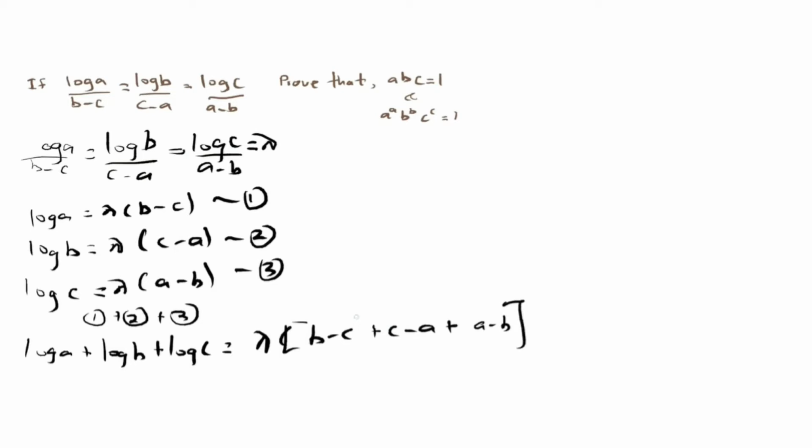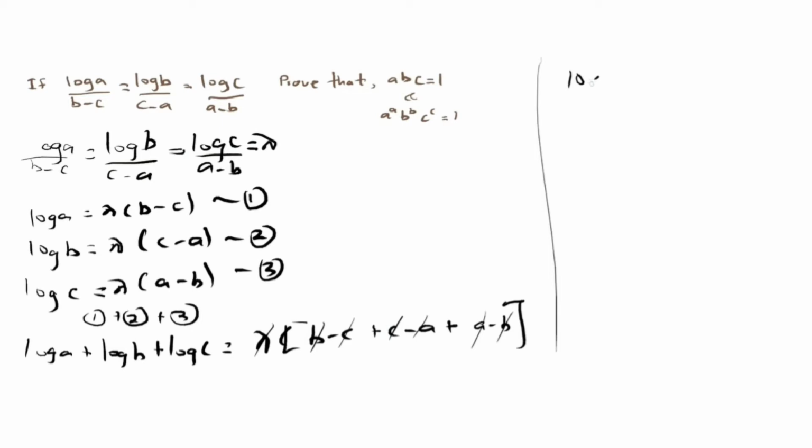If we see carefully, c will cancel out, a will cancel out, and b will cancel out, which means it is 0.